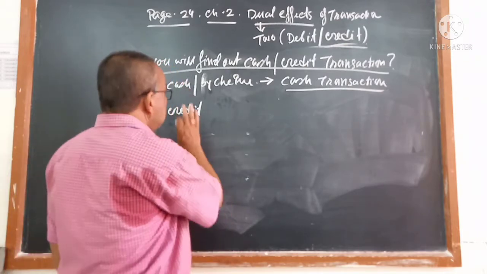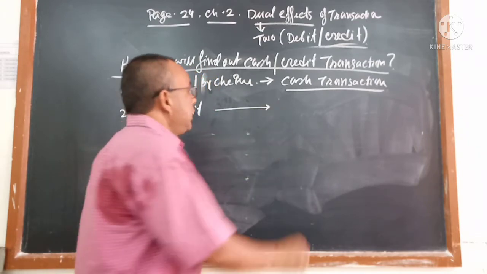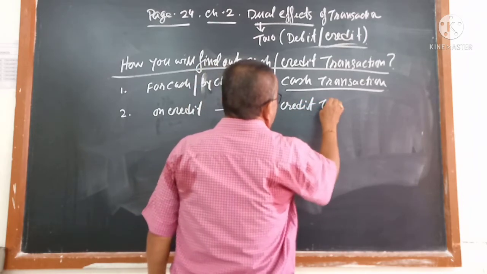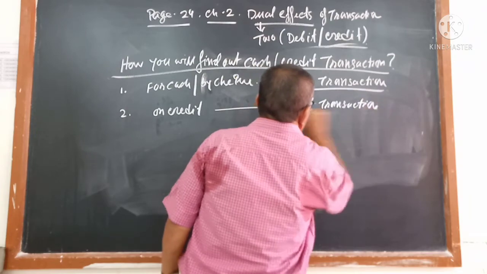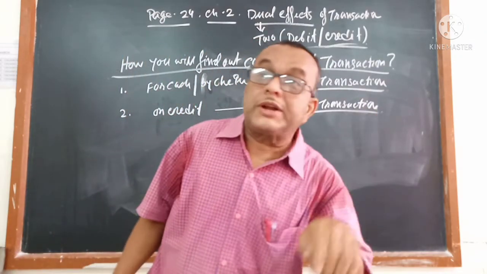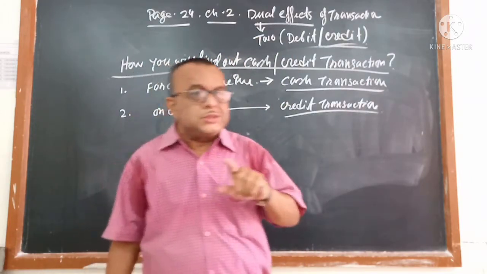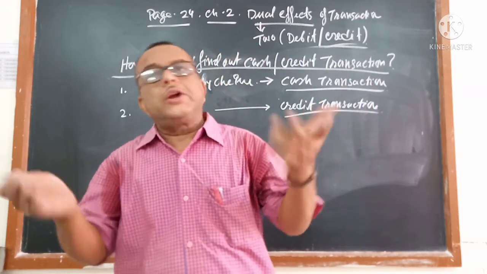If only the words on credit are mentioned, then it will be considered a credit transaction. For example, the second sentence given: sold goods of rupees 7,000 to Mr. X on credit.